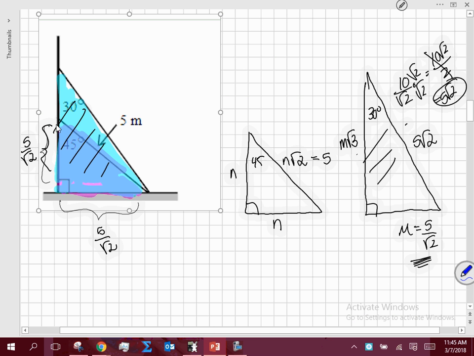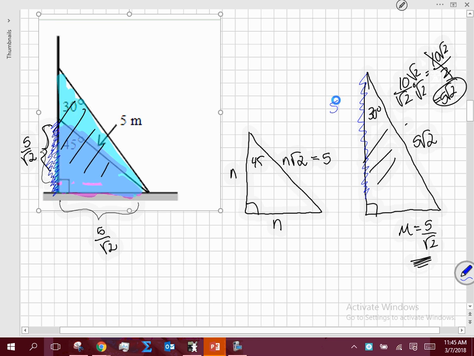We know that this distance here, that the short brace reaches on the house is 5 over radical 2, and we know then over here that this one should be this distance times radical 3, right?